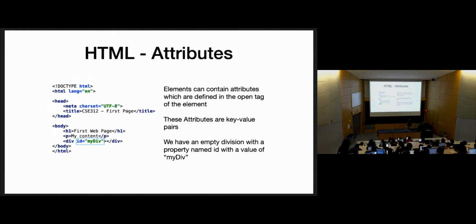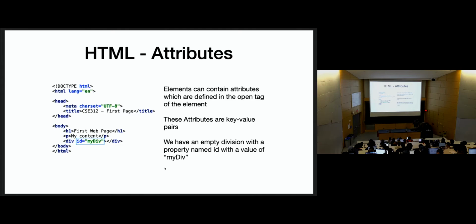So what's an attribute? I just mentioned attributes before I introduced them. HTML elements can have any number of attributes, which are key value pairs, which add extra information to that element. So for example, in my div, I have an attribute named ID with a value of my div. So I'm saying this div has a property of ID equal to my div.